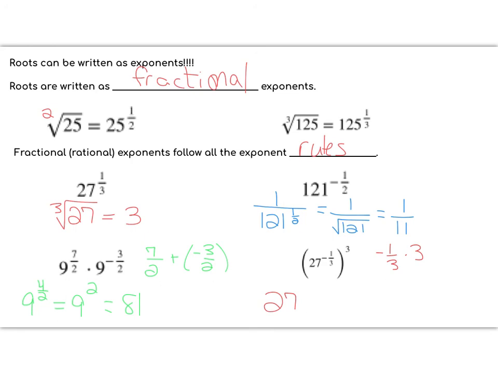What is negative 1/3 times 3? It's negative 1, right? So this is 27 to the negative 1. That's a negative exponent. So I'm going to do 1 over 27 to the 1st power. So anything you can do with a whole number exponent or a negative exponent, you can do with a fractional exponent.